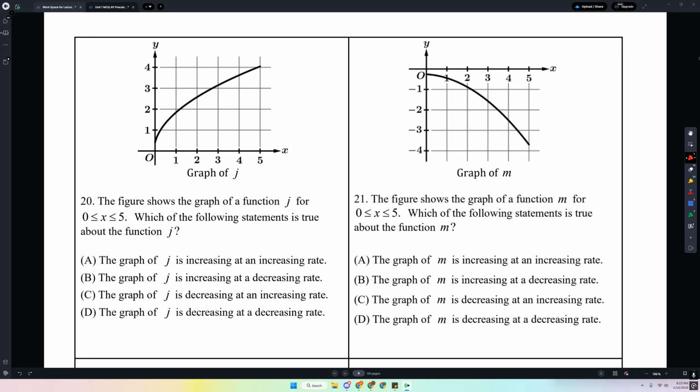We'll do 20 and 21. Okay, we got 2 answers. Oh, we got 1 answer. 1 person answered by a statement.